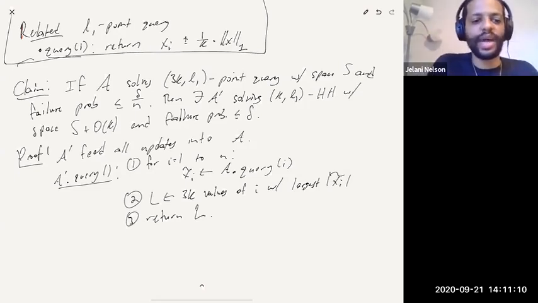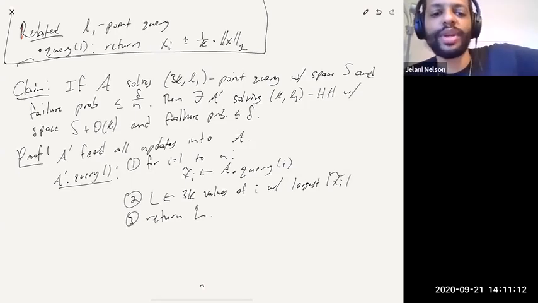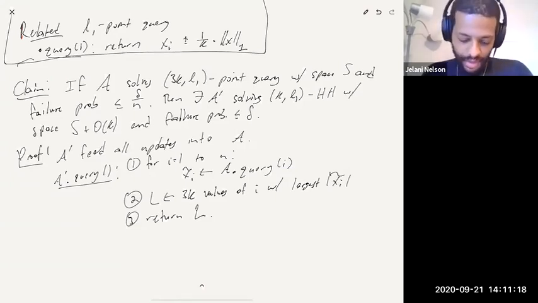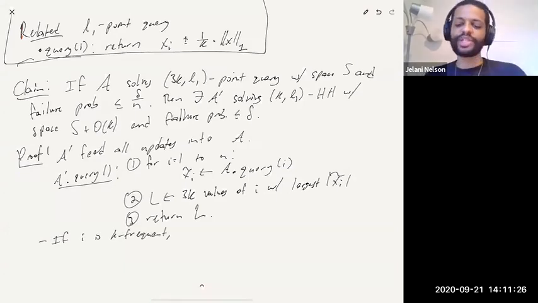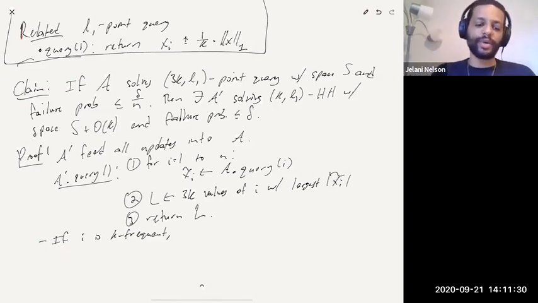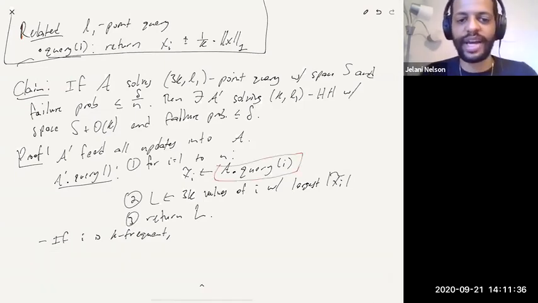Okay, so why does this query algorithm work, this for loop, and why am I doing 3k values? So notice that if i is k frequent, so first of all, let's just condition on, how many times are we querying A? We're querying A n times, right? Because we have this for loop. And we're doing this query n times for each different i.